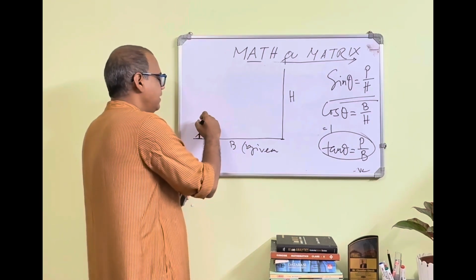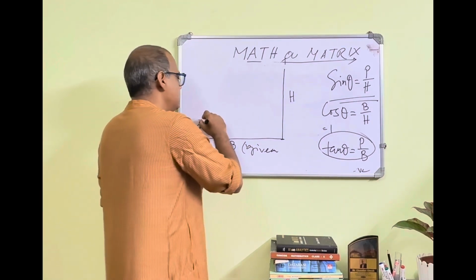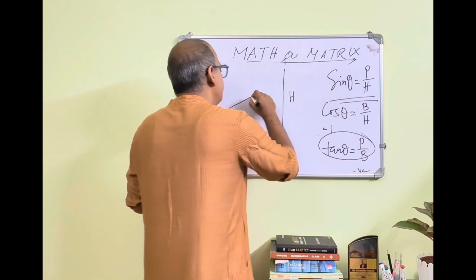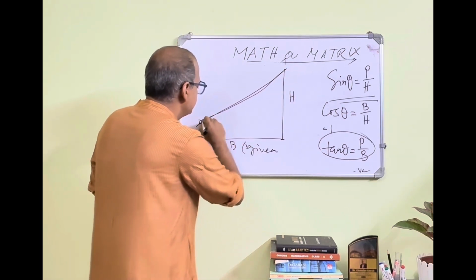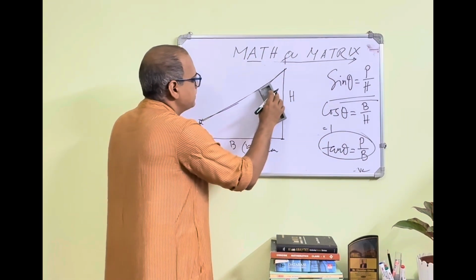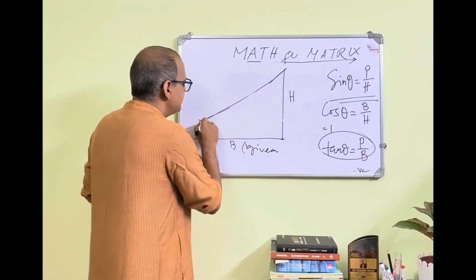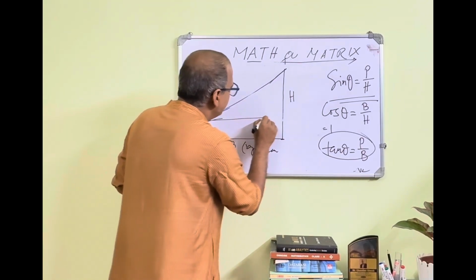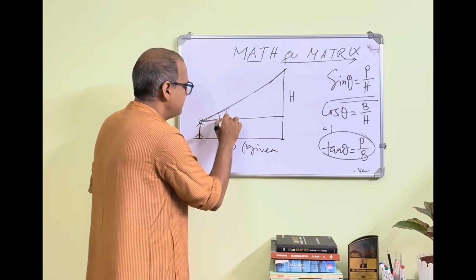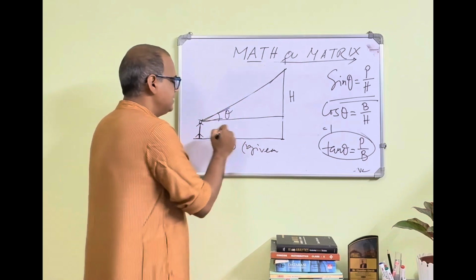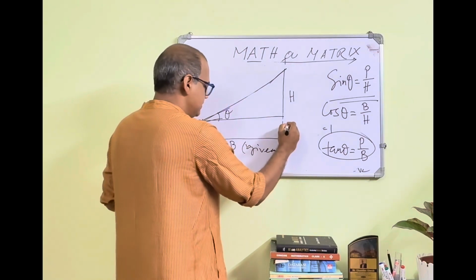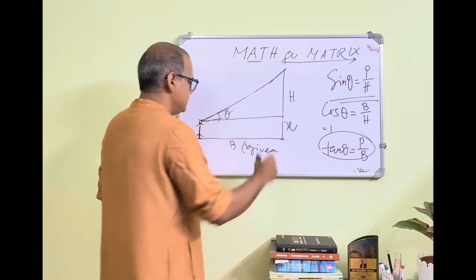It's a simple way. If I just look up, I'm connecting this, and which is, let's say, making an angle theta. This is the height of the man, so let's say this is x.